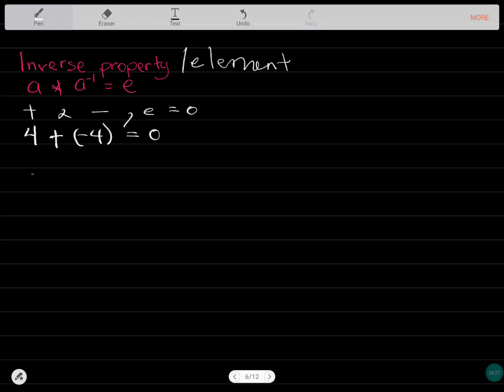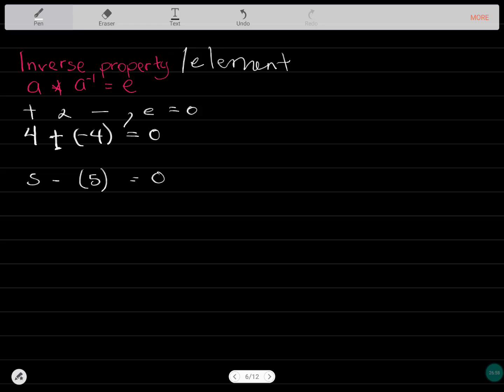If I pick 5, the inverse element for subtraction would be the number itself, and that would give me its identity element, which is 0. So in other words, for addition, the negative of the value is its inverse element. And when we are dealing with subtraction, the value itself is its inverse element.